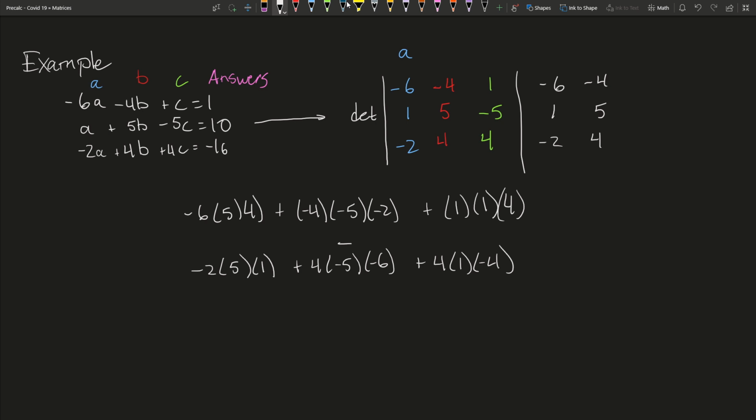Okay, so this is that determinant. And then we get a number for that. And that number is our denominator for our a, b, and c variables. So I'm going to take a second just to do that.